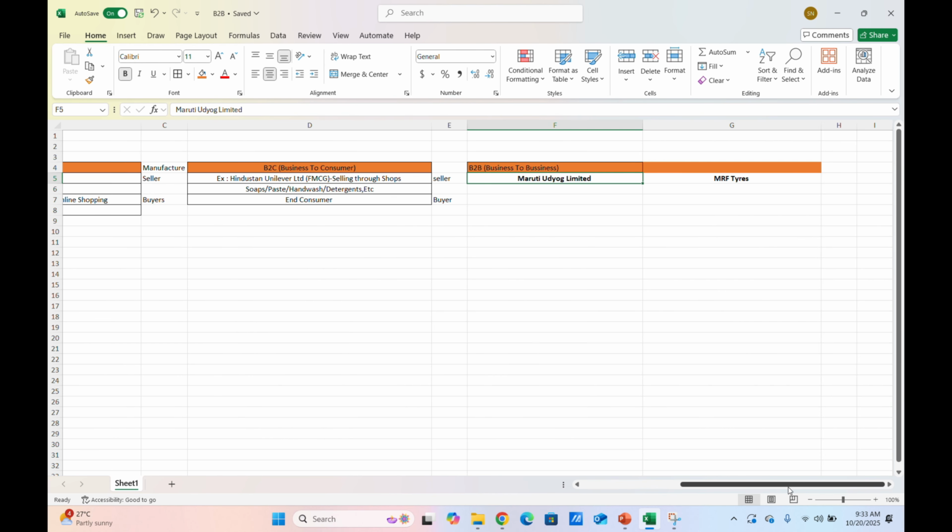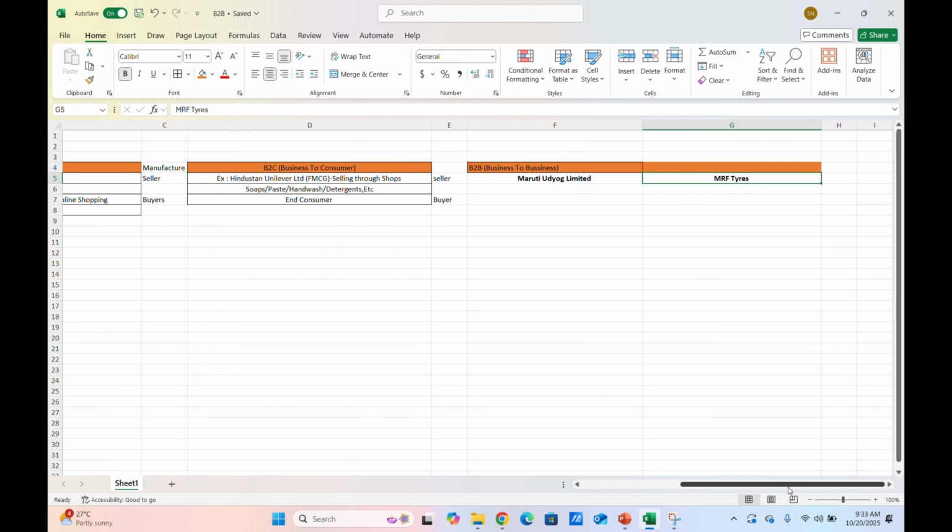Maruti Udyog Limited, now known as Maruti Suzuki Limited, is one of the largest automobile manufacturing companies in India. You all know that. They basically produce a wide range of vehicles from small cars to commercial vans. On the other hand, MRF Tyres is one of India's leading tire manufacturing companies.